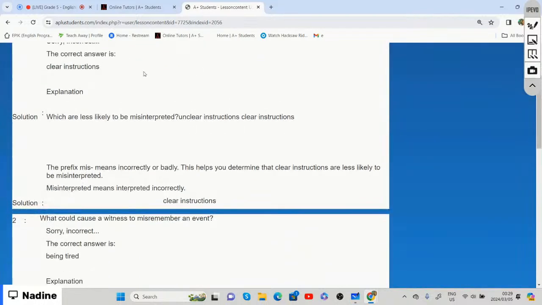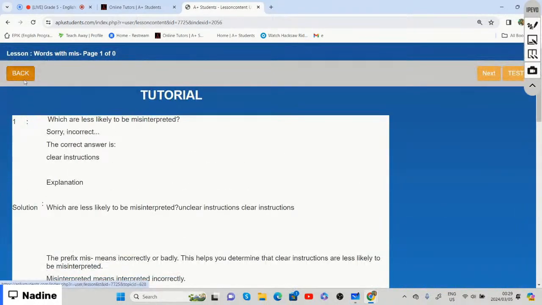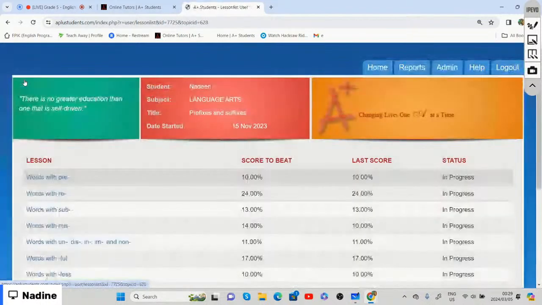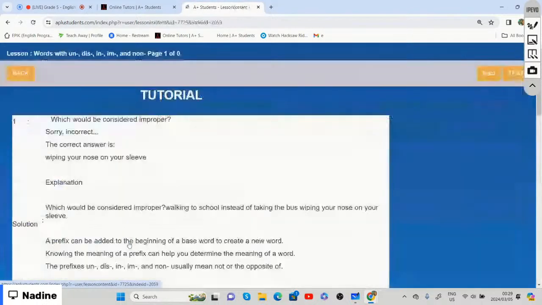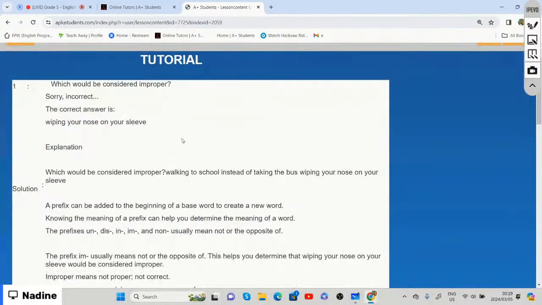All right. Yes, impossible is correct. So now we're going to words with an, dis, in, im, and non, right? And we see that knowing the meaning of a prefix will help you to determine the new meaning of a word.